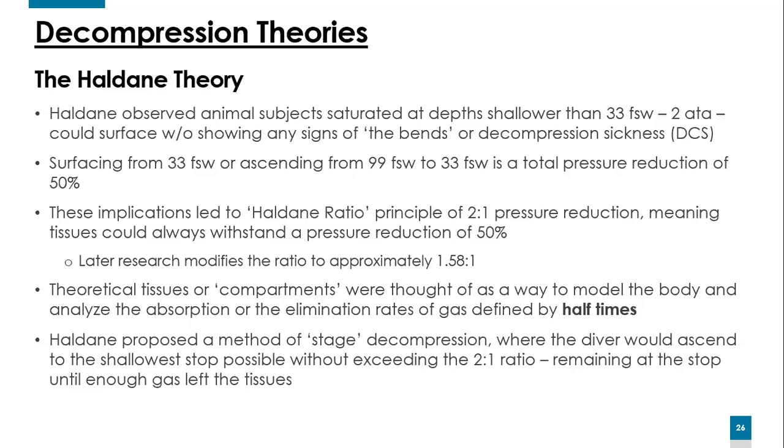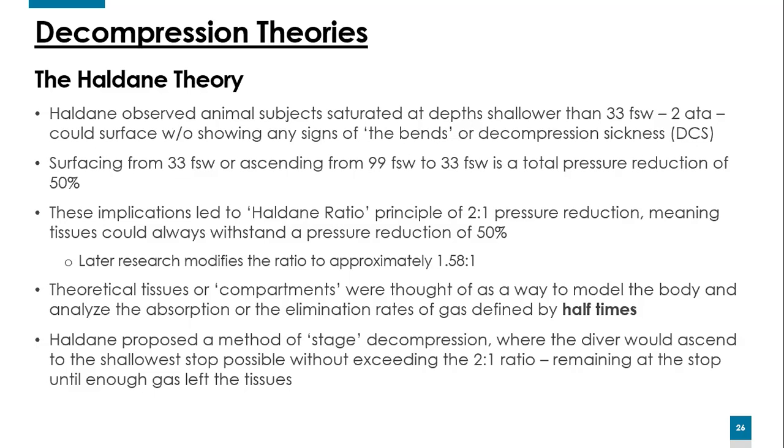All right, theoretical tissues or compartments were thought of as a way to model the body and analyze the absorption or elimination rates of gas defined by half times. The compartment half time is the time required to absorb or eliminate half of the pressure difference between what is started with and the ambient pressure it is exposed to.